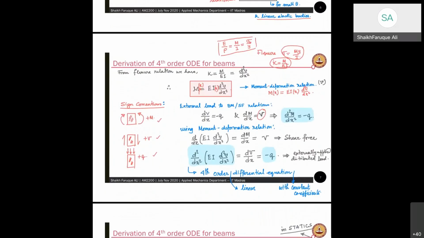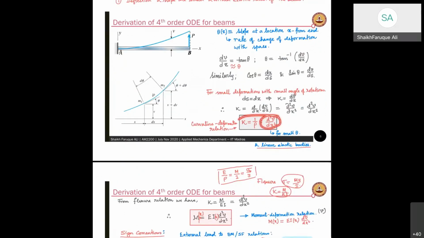Remember that moment and kappa are related through the flexure formula. This is my flexure formula, and moment and kappa, that is 1 by rho, are related. And now kappa and deformation are related from this formula. Therefore, I can always relate moment with deformation. And once I know bending moment with deformation, I'm actually relating load with deformation.